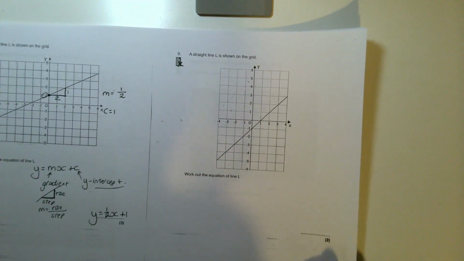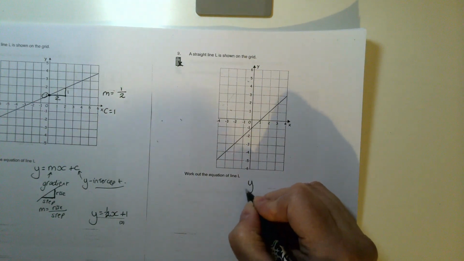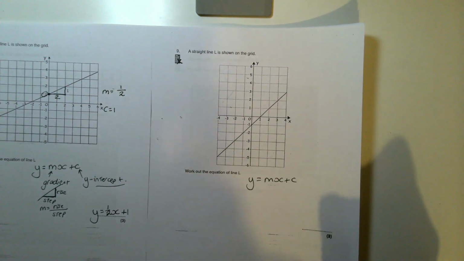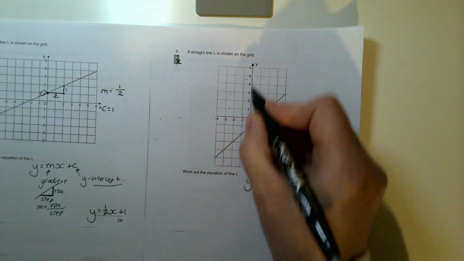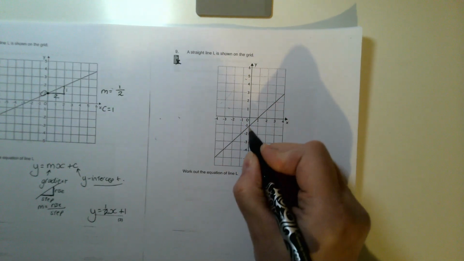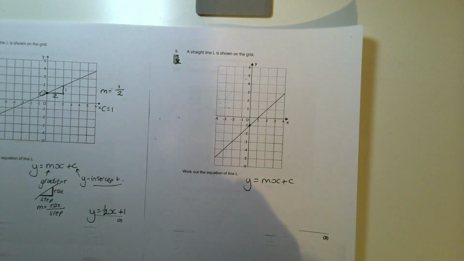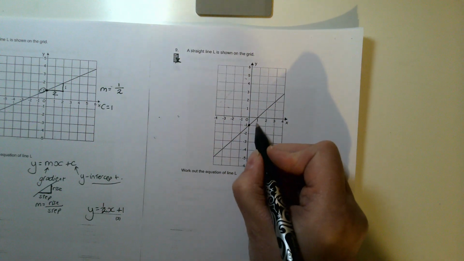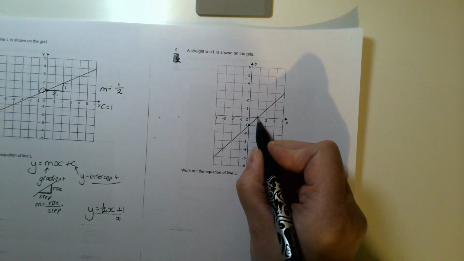Let's have a go at this one. So again, we need to work out the equation of a straight line. y equals mx plus c. Draw our triangle. So we're going to find where it cuts the y-axis, which is here. And then you need to construct a right-angled triangle. So it cuts again at this coordinate here.